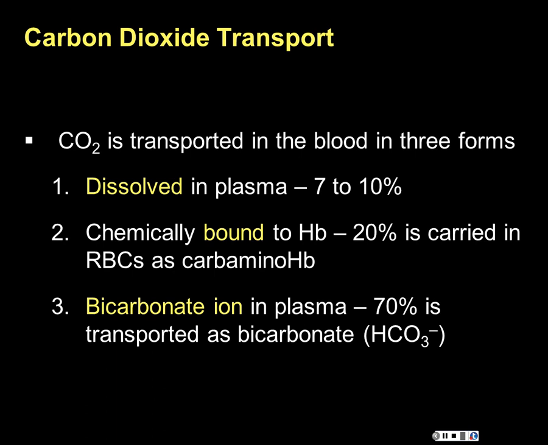An enzyme located specifically in our red blood cells. So bicarbonate ion can be produced either A, in the plasma spontaneously, or B, in the red blood cell under the use of carbonic anhydrase.